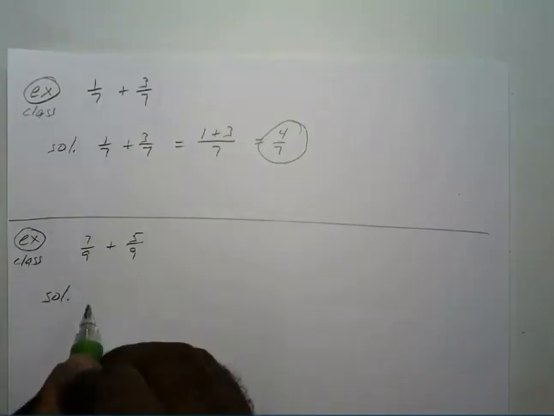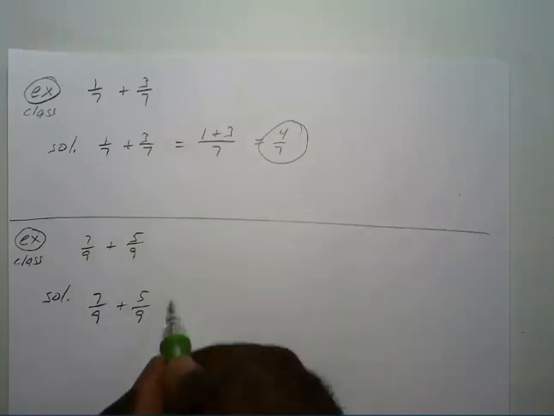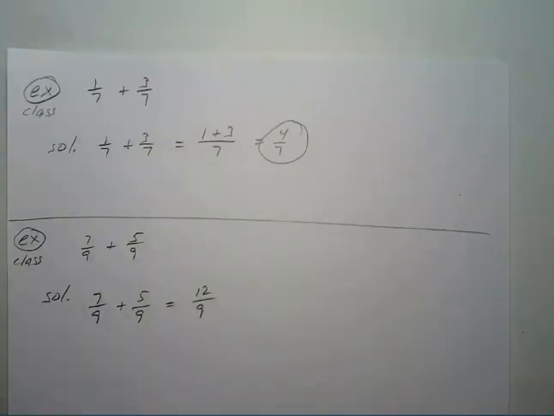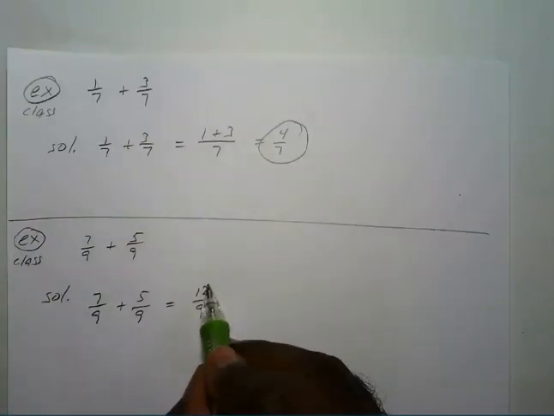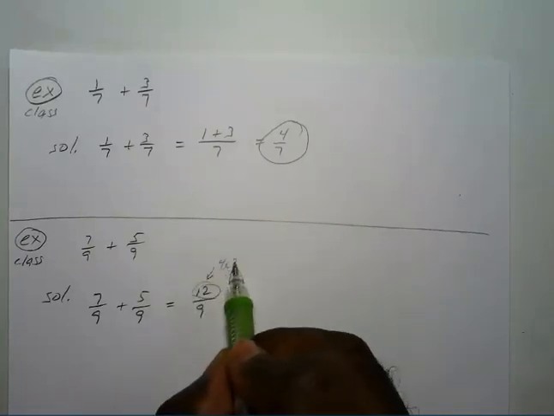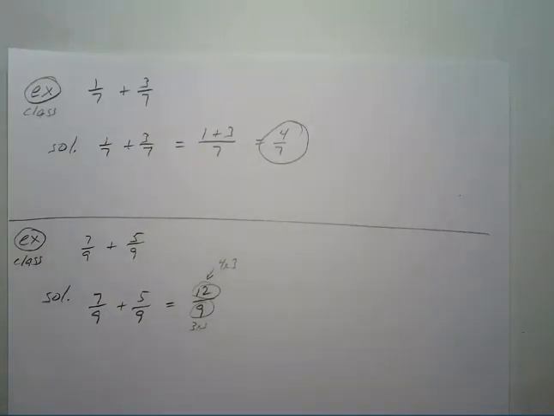Okay, so if we have 7/9 plus 5/9, that's 12/9. From this point, we have two different things we can do. I'll show you both options, and you can decide which one you want to use for your answer. Here, we have 12, which is 4 times 3, and we have 9, which is 3 times 3.